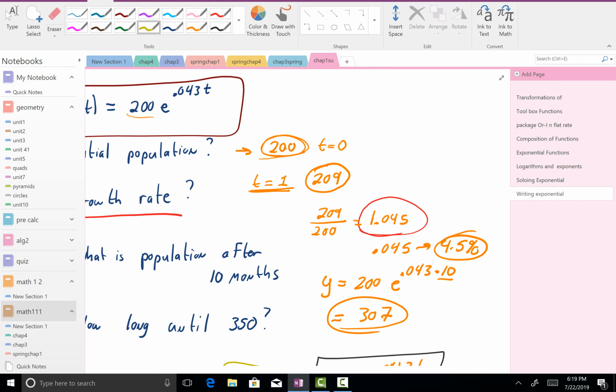So the factor is 2. It's double, right? Everybody can see that. But the rate is different. If we took this number 2 and subtracted 1, we get 100%. So that rate of growth is 100%. There's a difference between the factor and the rate, and that's what we did. We just subtracted 1 from it.